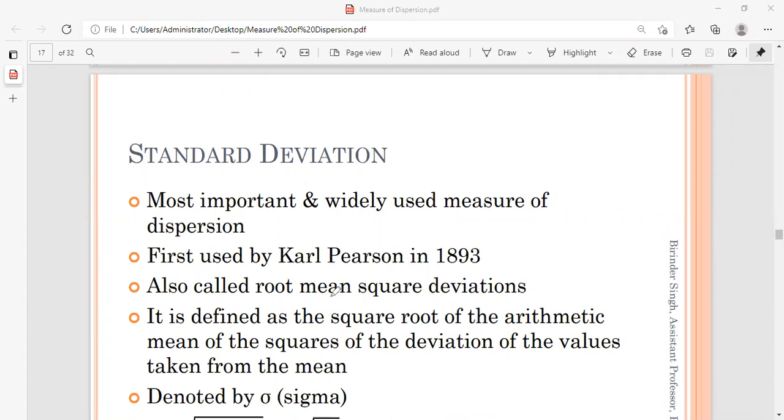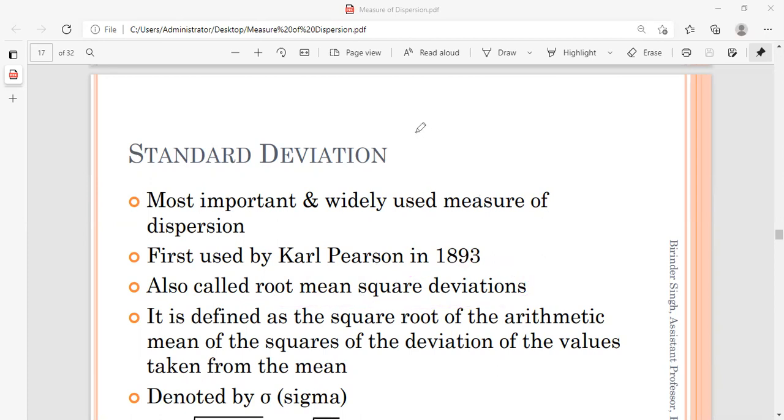If you look at the computation formula of standard deviation, you will clearly understand why it is called root mean square deviation.